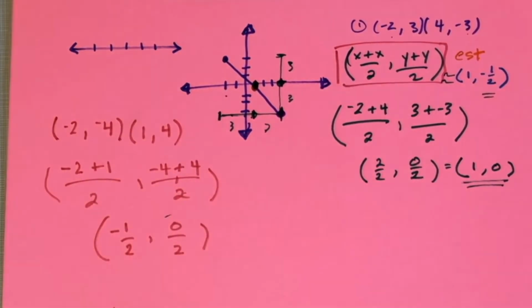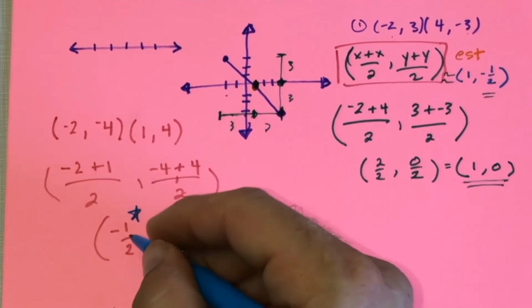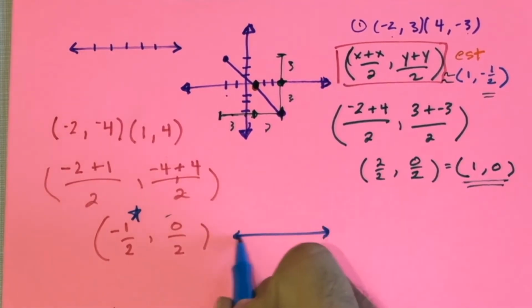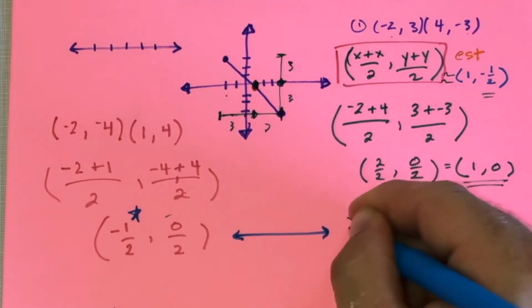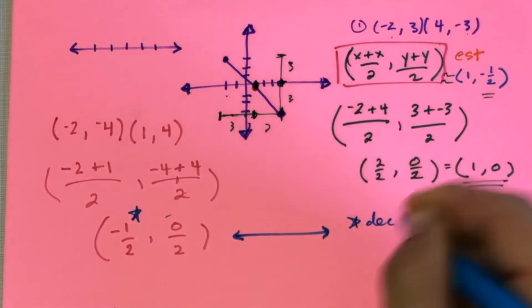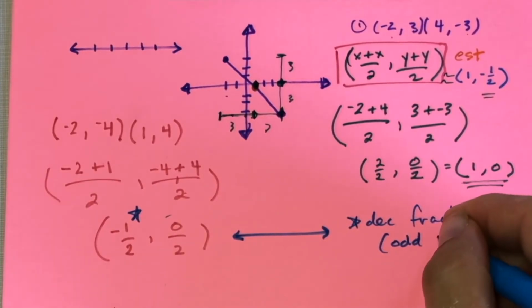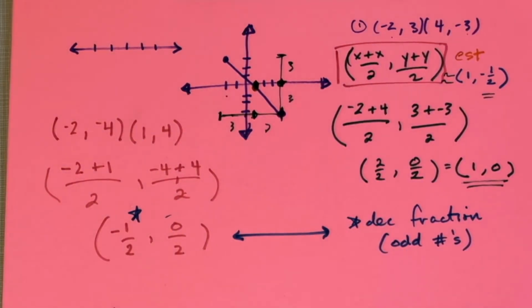I just want to draw to your attention that it is okay, and you will have some coordinates, both on a number line and on a coordinate axis, that may be a decimal or a fraction. That's okay. That'll definitely happen when you students have odd numbers. You may see decimals or fractions there. So it's okay to see that.